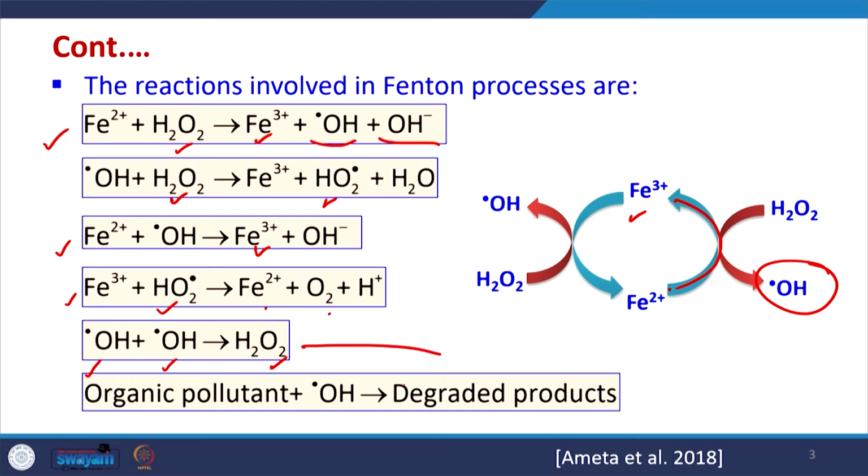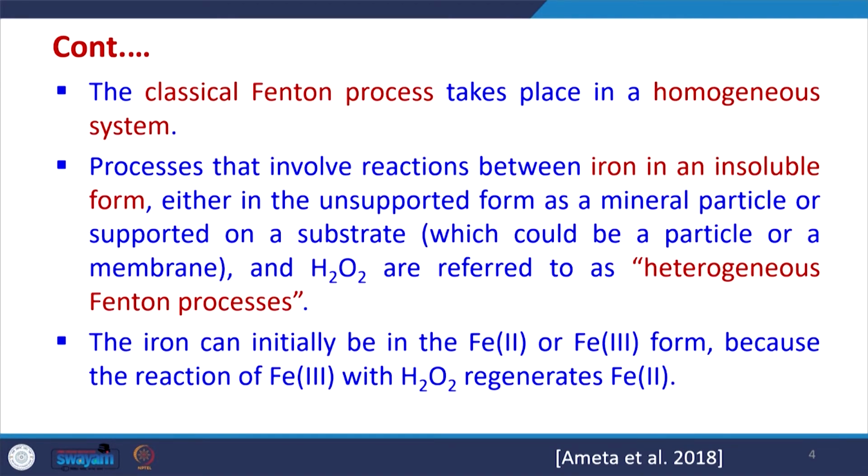In particular, this reaction we do not want to happen, because we want the hydroxyl radical to be present in the water, so we want to avoid this possibility during the treatment. The organic compounds will combine with these radicals and produce degraded products during the treatment. So, this is the basic mechanism by which the Fenton process works.